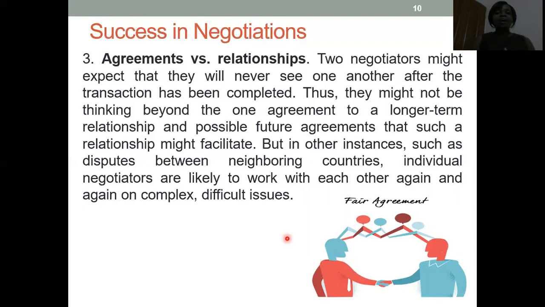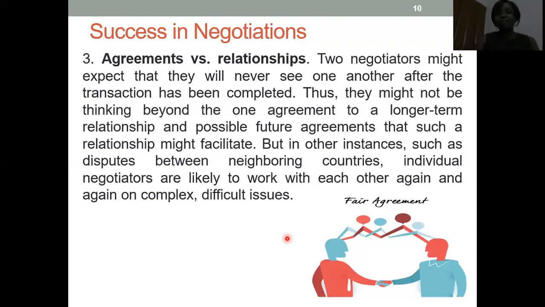Agreements, on the other hand, sometimes may be long term or short term. Short-term agreements usually look at small stakes, and long-term agreements look at larger stakes, like politics and trade between multinational companies.